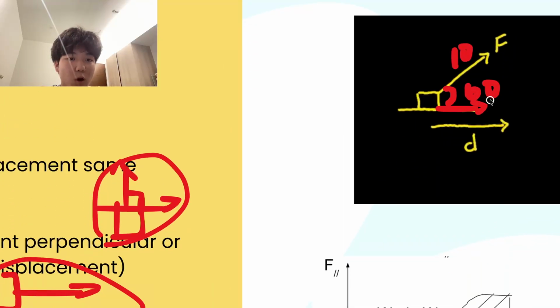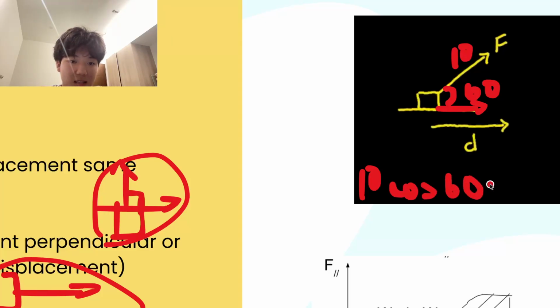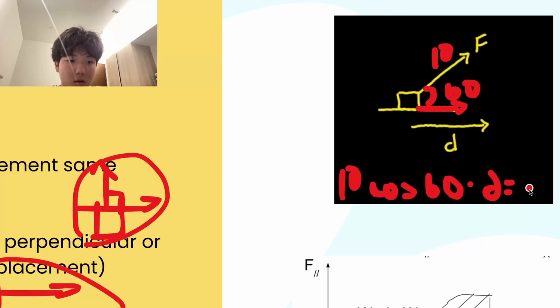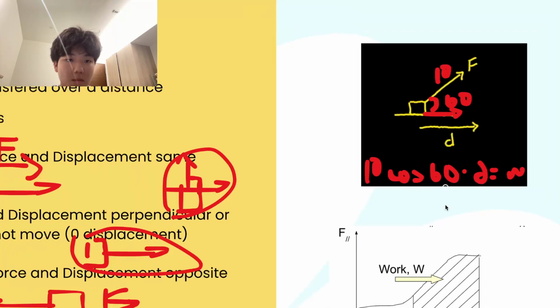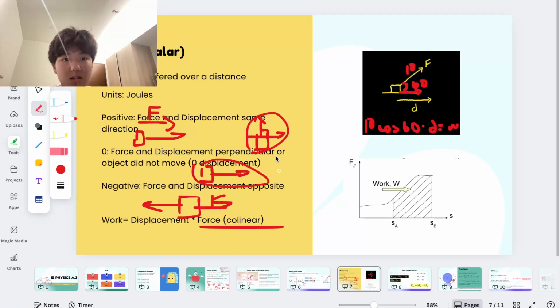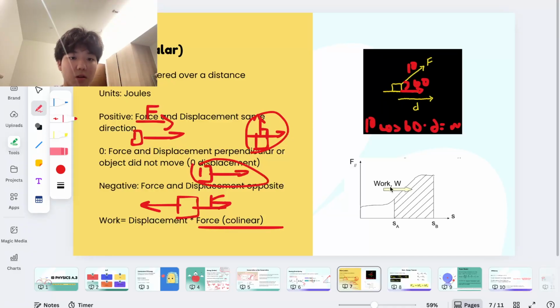That would be cosine theta times the magnitude. So 10 cosine 60 times displacement is equal to our work. Just keep in mind, if a force is applied at an angle, find the collinear force to the direction of movement.